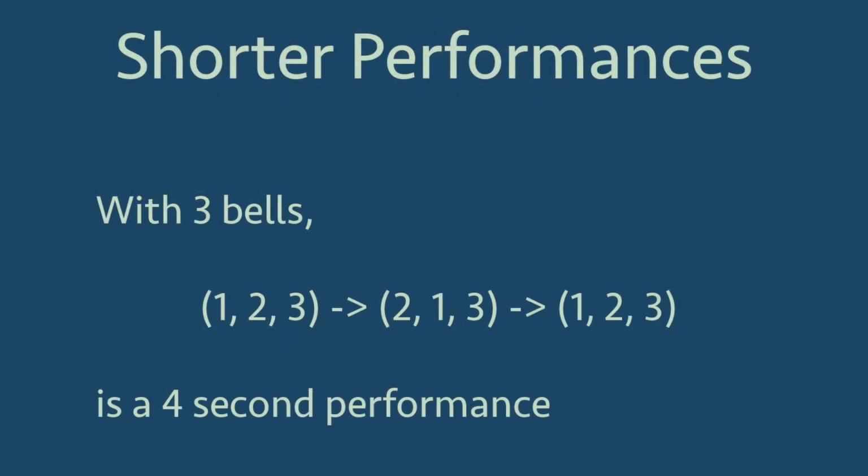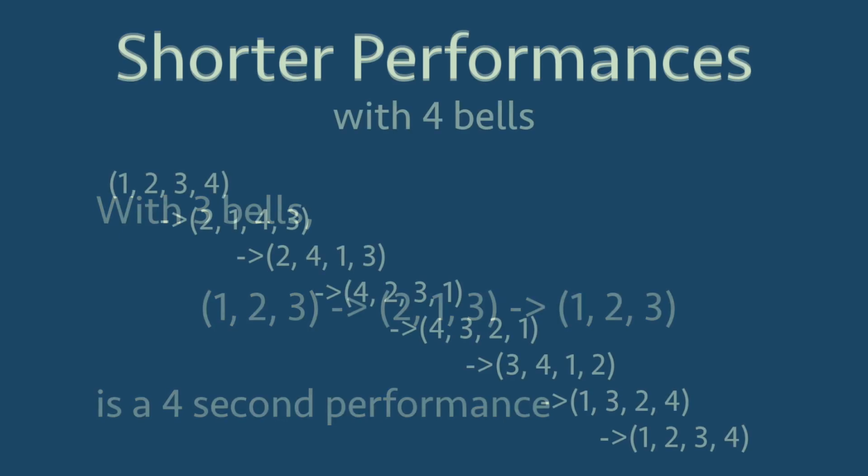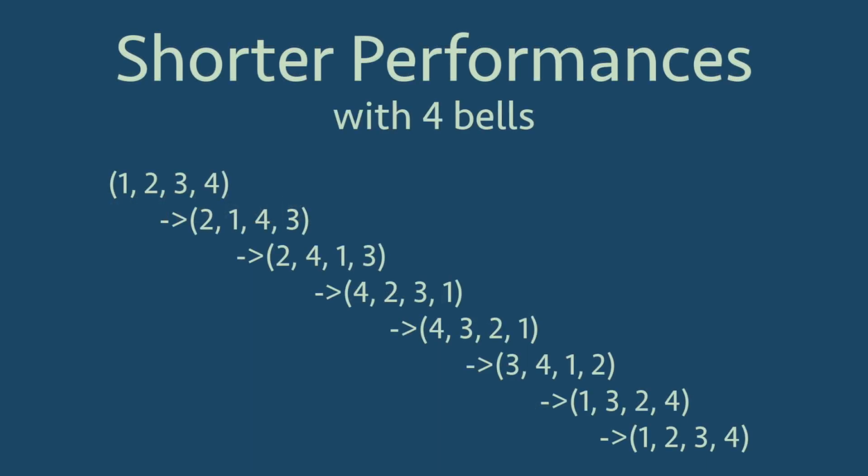Most performances of bell ringing before a church service are a quarter of this. We could even make a shorter performance using 3 bells. We could hear a 4-second performance by just hearing our first example of 1, 2, 3, 2, 1, 3, and then back to 1, 2, 3. If we have 4 bells, we can hear a short performance through these changes.